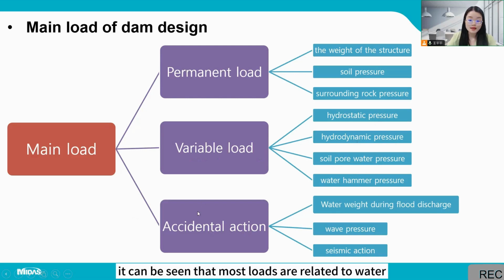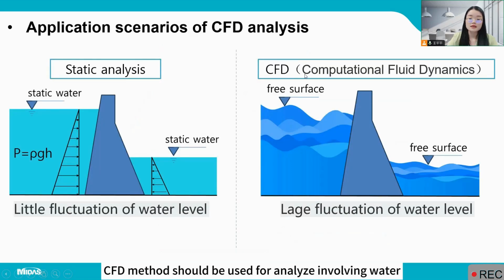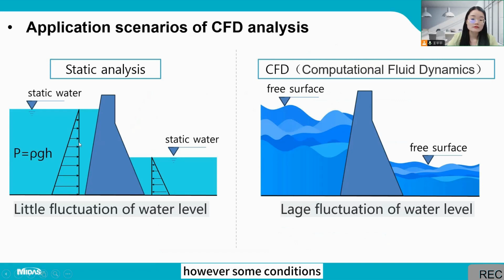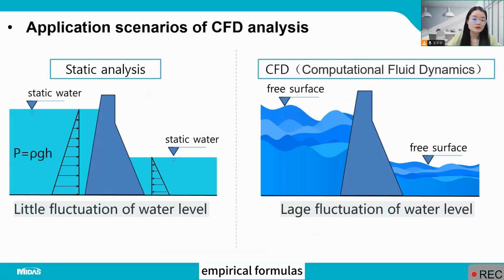It can be seen that most loads are related to water. Generally speaking, the CFD method should be used for analysis involving water. However, some conditions, such as hydrostatic pressure, can be calculated by empirical formulas.